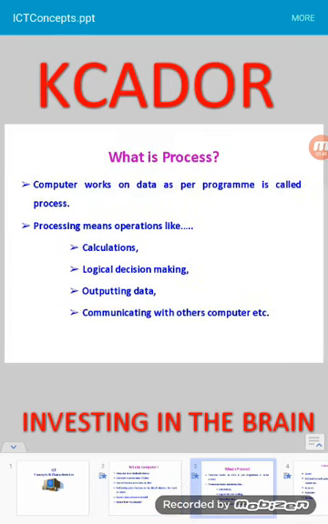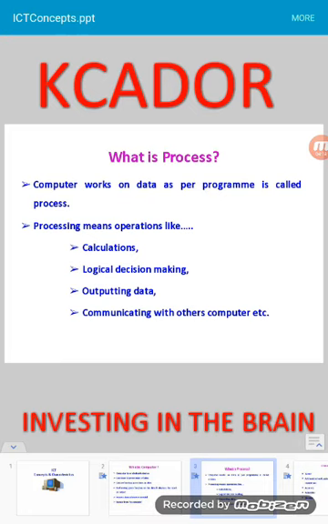What is process? Computer works on data as per program is called process. Processing means operations like calculations. You can use the calculator, the advanced calculator, in your computer, in your laptop, in your mobile phone.